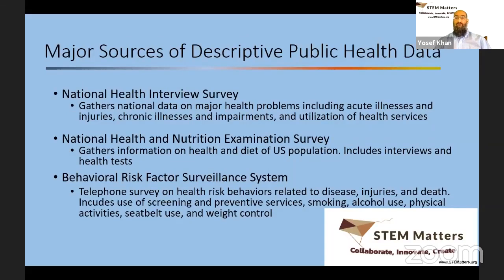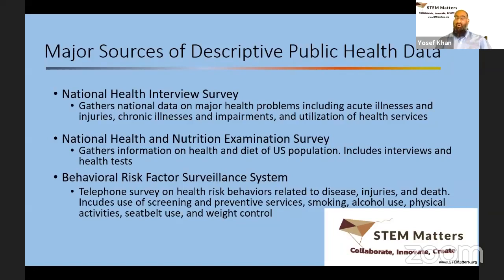There are national health surveys where data is gathered on major health problems, including injuries and chronic illnesses across the United States. There are national health and nutrition examination surveys where information related to individuals' diets and their overall health is gathered. There are major descriptive public health data sets related to behavioral risks.